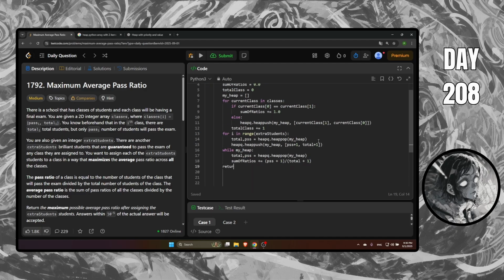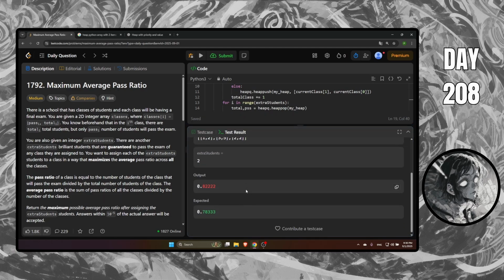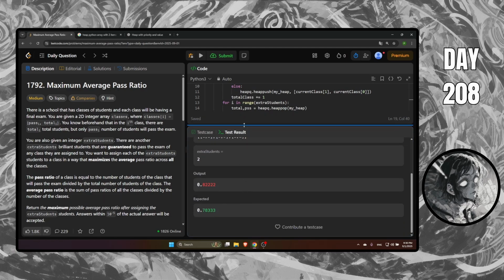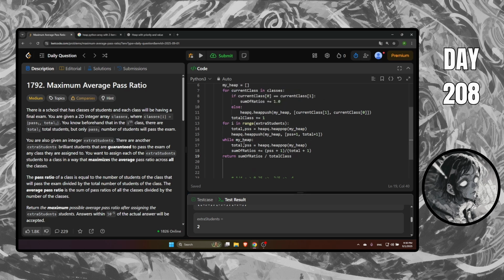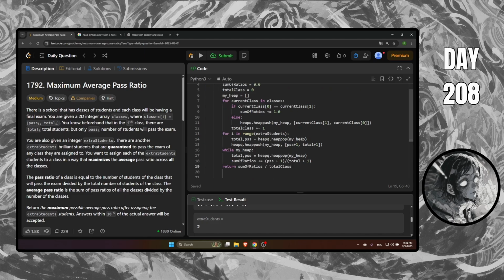Let's return sum of ratios divided by total class. Let's see if this is gonna work. No. No, here I'm doing wrong actually.